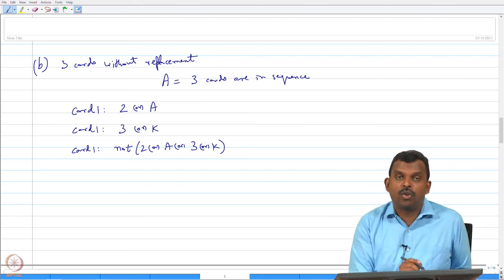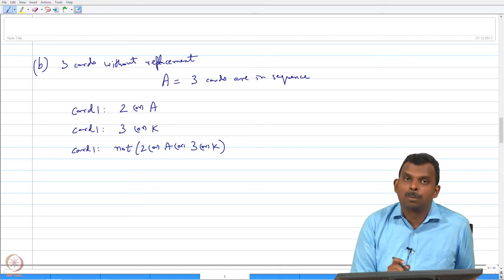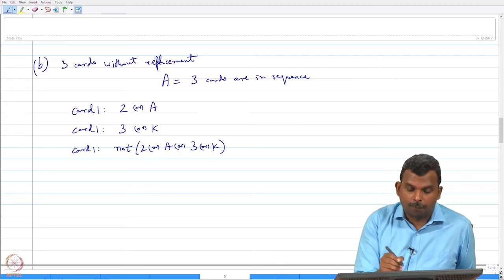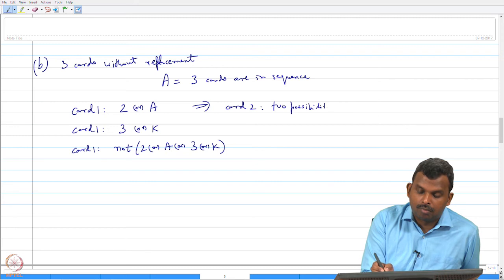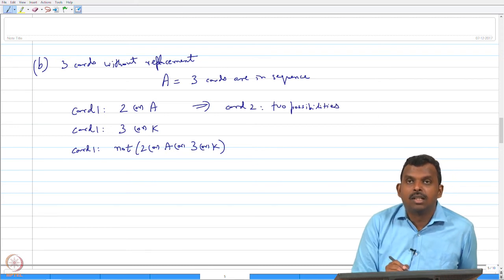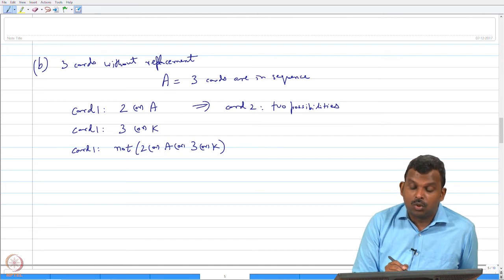Think about it. If you have 2 or ace, the next card has only 2 possibilities. So, this will imply card 2 has 2 possibilities. Is that all right?